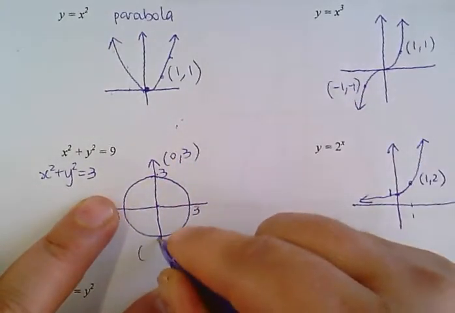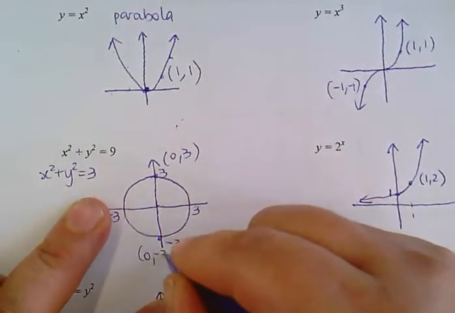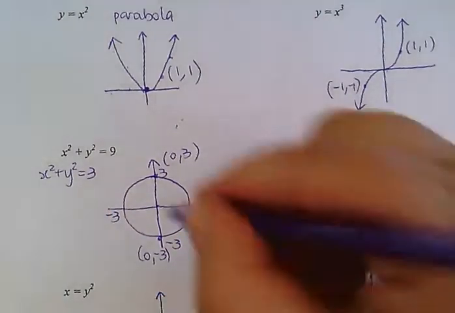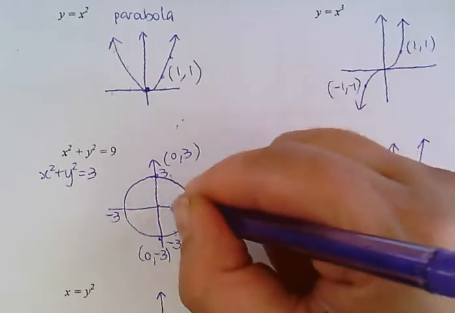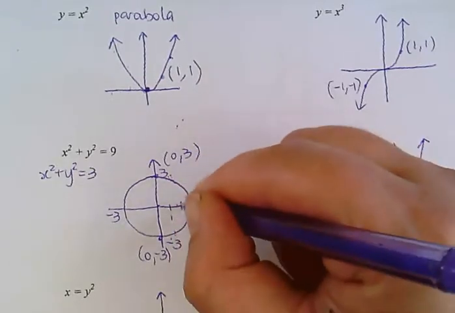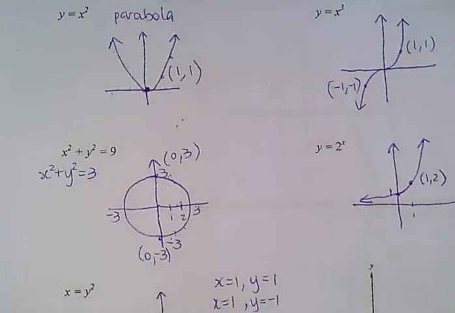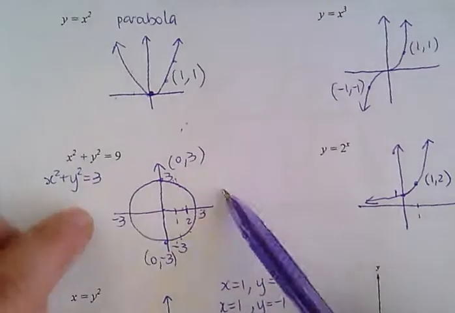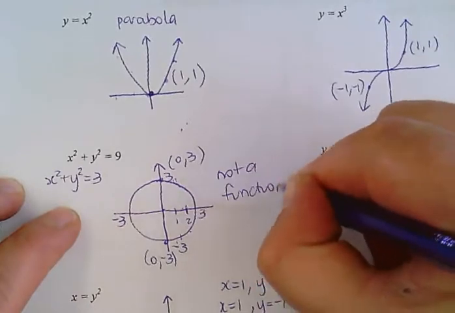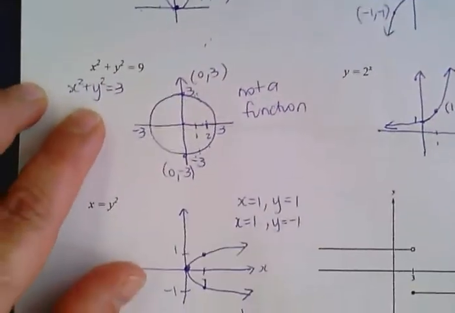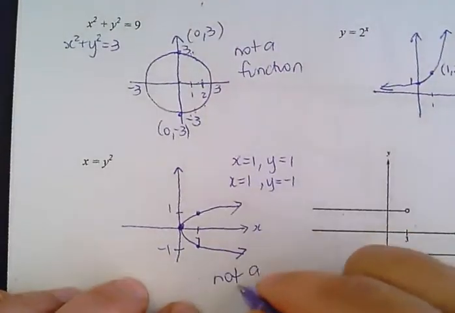And isn't this the point down here on the circle (0, -3)? This is a problem. This point has got two y values as well. When x is 1, I've got two y values. When x is 2, I've also got two y values. This is not a function. This is not a function.